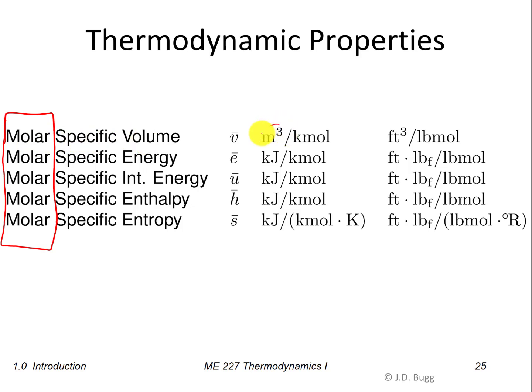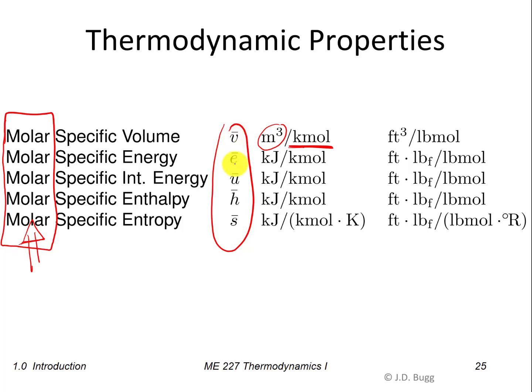And again, it's meters cubed because we're still talking about a volume, but instead of being on a per unit mass basis, it's now on a molar basis. So we're dividing there meters cubed divided by kilomoles, the number of kilomoles that there are. Now, in terms of the notation, we remind ourselves, or we denote, that we're talking about a molar version of this property by putting a bar over top.